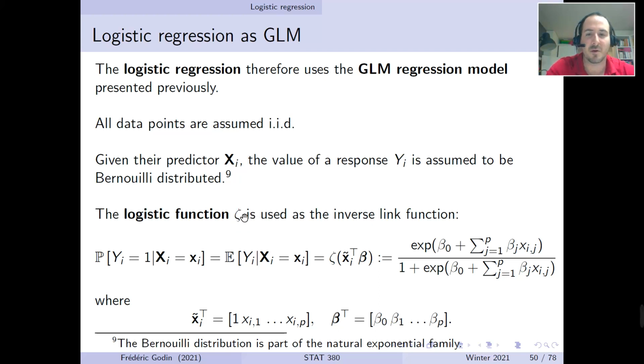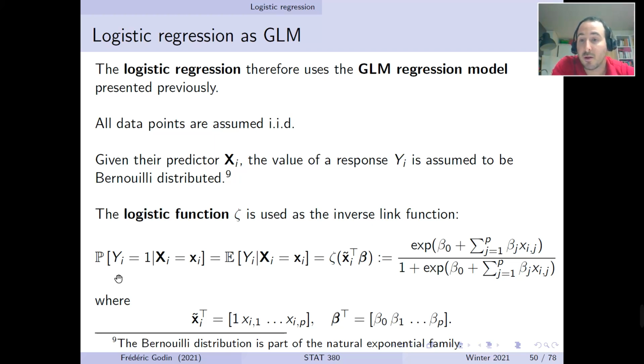I'll call it xi, but I'm sorry, I forgot the name of this Greek letter. The link function we're going to use is the inverse of the function xi here, which is the logistic function.